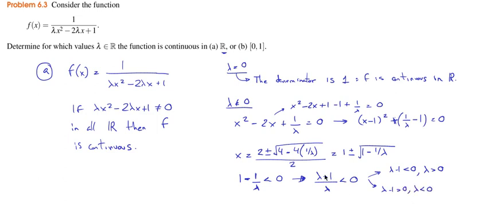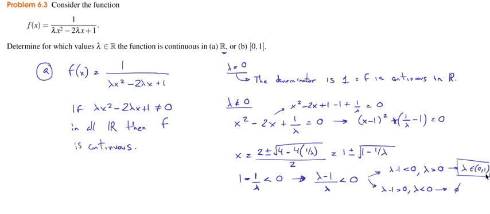Lambda minus 1 smaller than 0 is lambda smaller than 1, and lambda greater than 0, so this implies that lambda has to be in the interval (0, 1). Now, lambda greater than 1 and smaller than 0 at the same time is impossible, so this is the empty set.